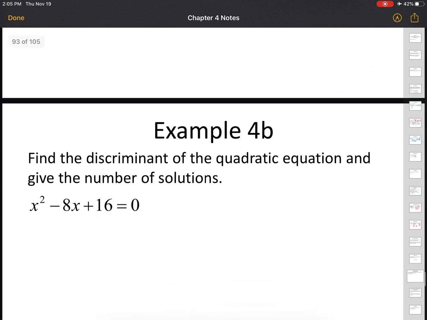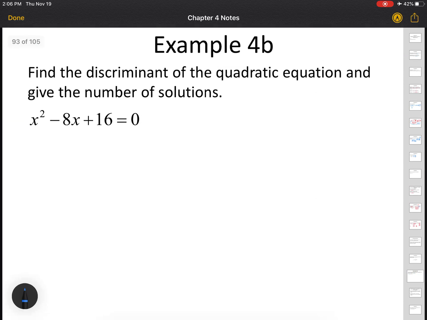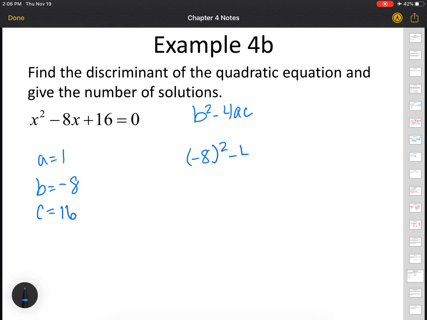Looking at the next one here, same thing, use a discriminant. So b squared minus 4ac. Pick out a, b, and c. So a is 1, b is negative 8, c is now 16. So b, negative 8 squared, minus 4 times a, which is 1, times c, which is 16. Again, negative 8 squared is 64.